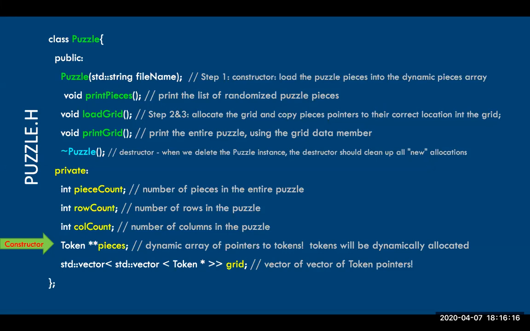For the two-dimensional grid, it's going to be a vector of token vectors. I think it's up to you if you want to do something that's not uniform, equal width of rows and columns. But I can tell you there's going to be a puzzle piece for every possible location in the grid.